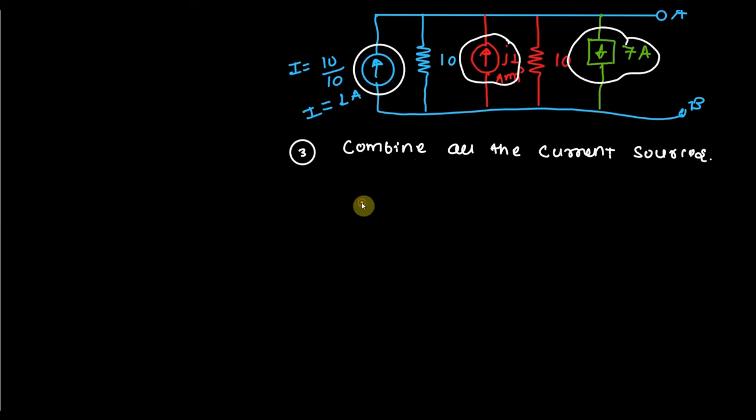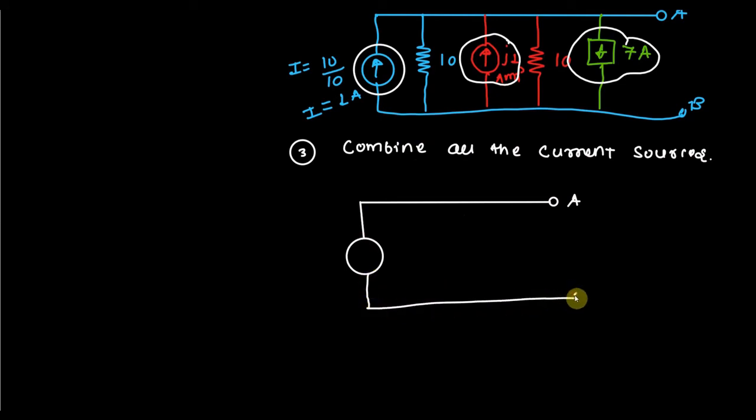So after combining this, I will get this answer. Okay. So the arrow is upward because the larger current is this one. This value of resistance is 10 as it is.